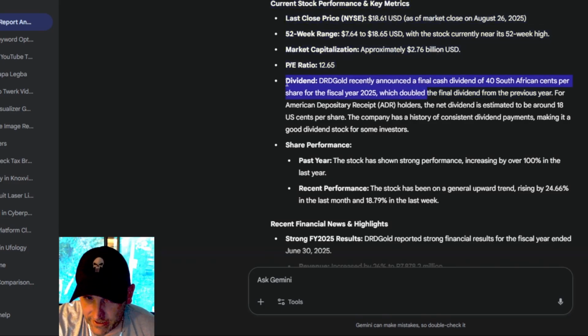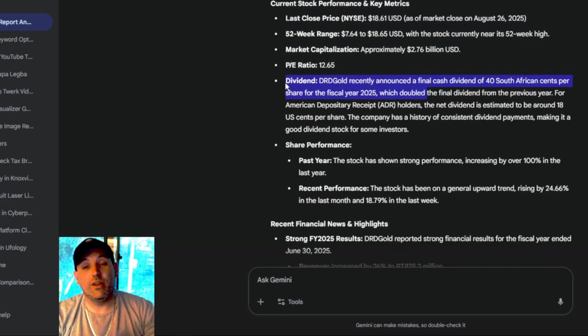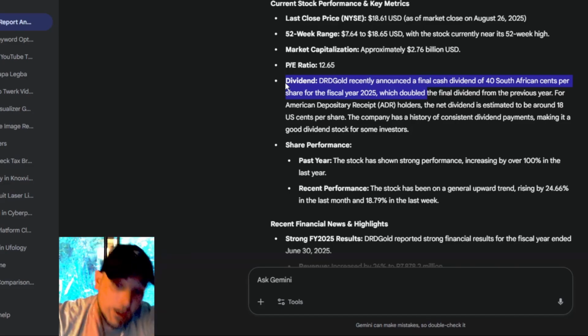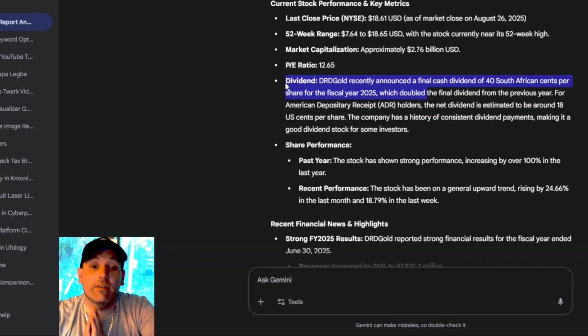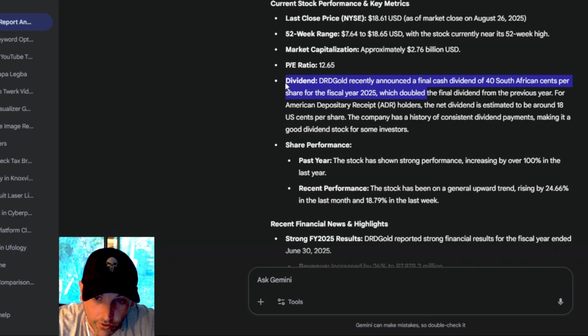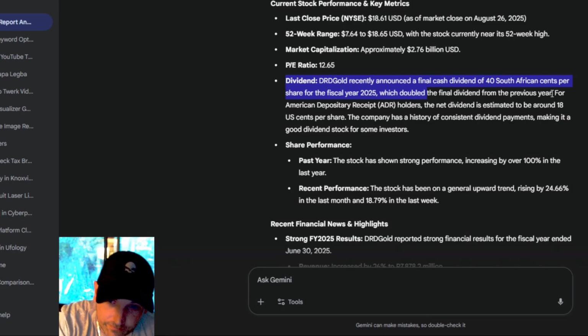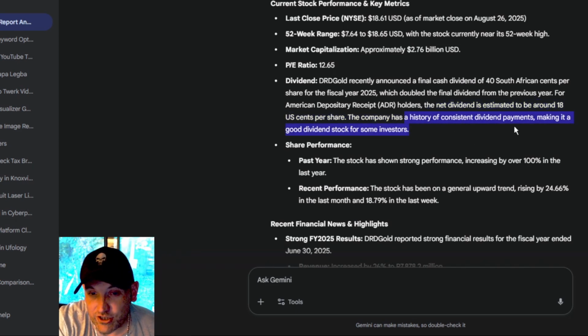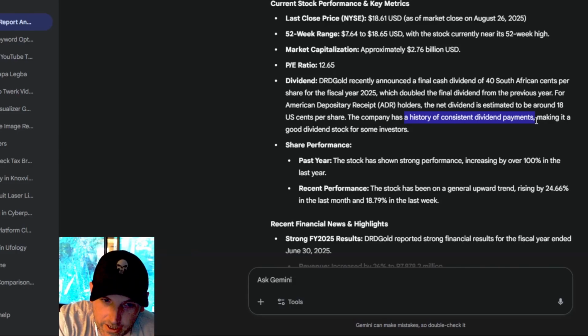So in one sentence, we already know that the last dividend they paid out, the most recent one, doubled the same dividend that was paid out before the previous year. For American depository receipt ADR holders, the net dividend is estimated to be around 18 cents US per share. This company has a history of consistent dividend payments, making it a good dividend stock for some investors.